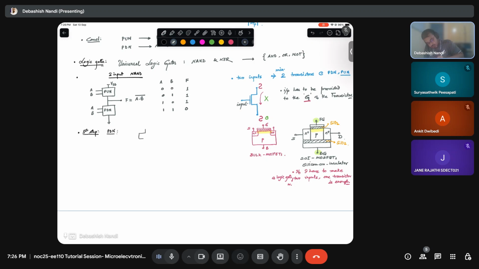So now, designing the PDN. Let's say I have two transistors. First thing, the PDN will be made up of NMOS. So how can I connect these transistors? I can connect them in this fashion. So this will be my CL and this is my V out or F. This is, let's say, A, B, or another combination I can have is in series.